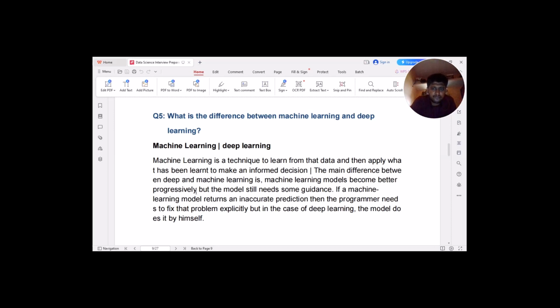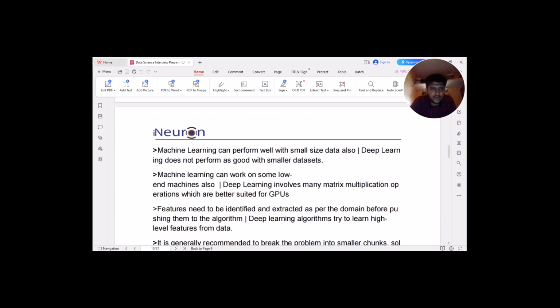If a machine learning model returns an inaccurate prediction, then a programmer needs to fix the problem explicitly. But in the case of a deep learning model, it does it by itself.